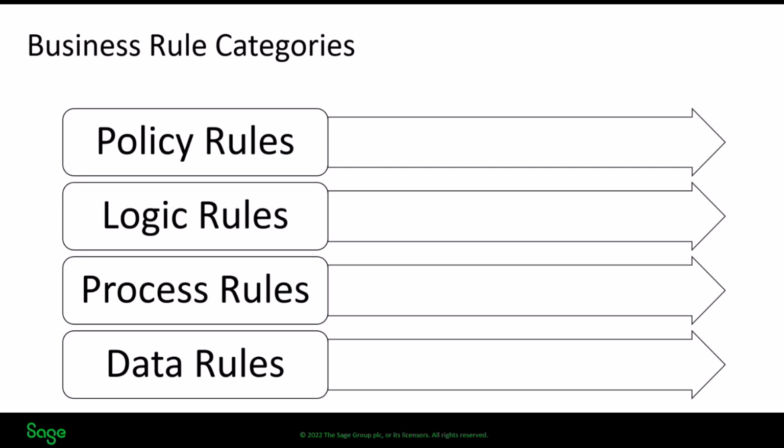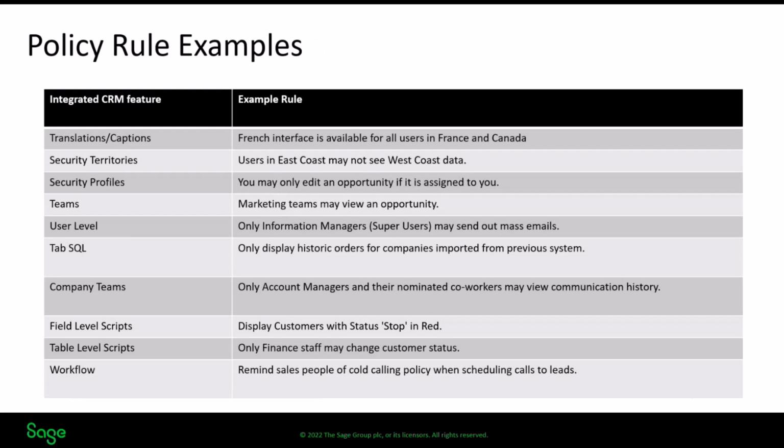You've got different types of business rules: policy rules, logic rules, process rules, data rules. Policy rules, if you like, are the type of rules that come really from the organization itself. Let's actually have a look at some examples of these. It's to do with, we're going to work in this way, type of policy, rather than coming from the data itself.